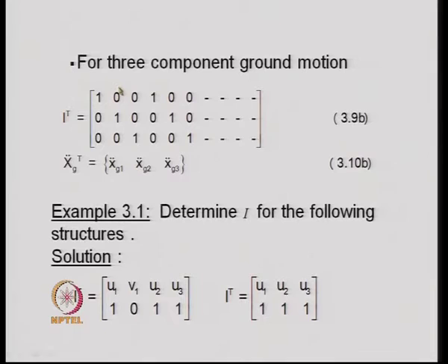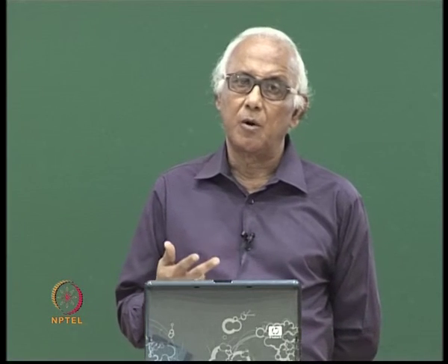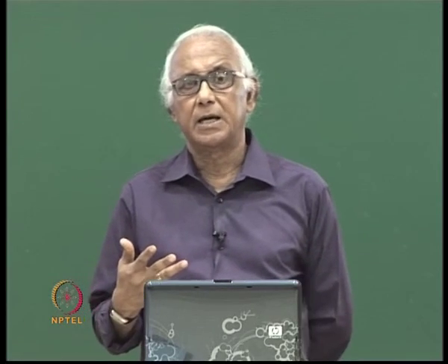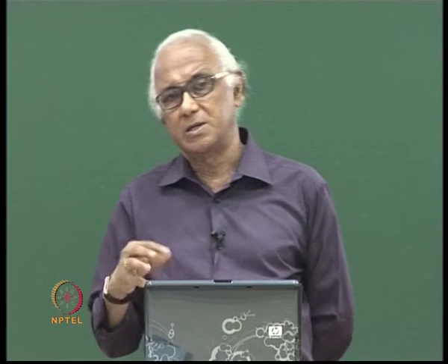But we see an interesting thing, that the influence coefficient vector I, whether it is for a single component earthquake or a 2 component earthquake or a 3 component earthquake, consists generally of 1s and 0s.